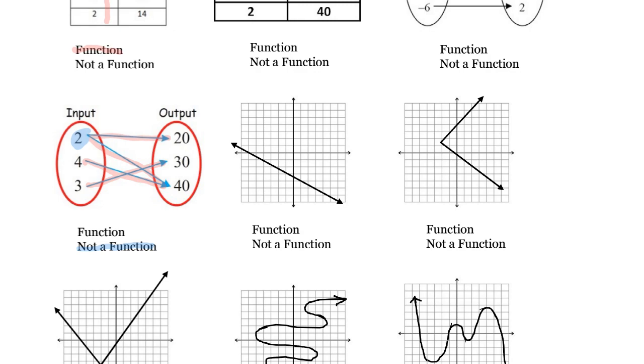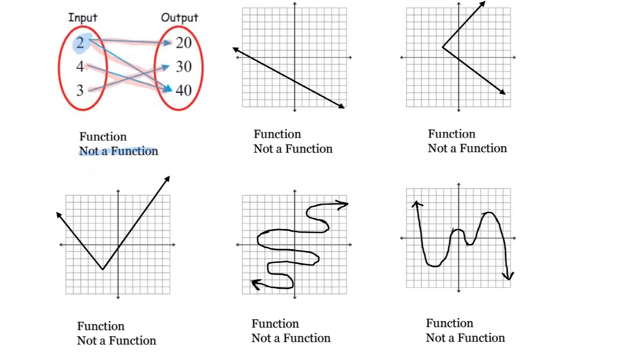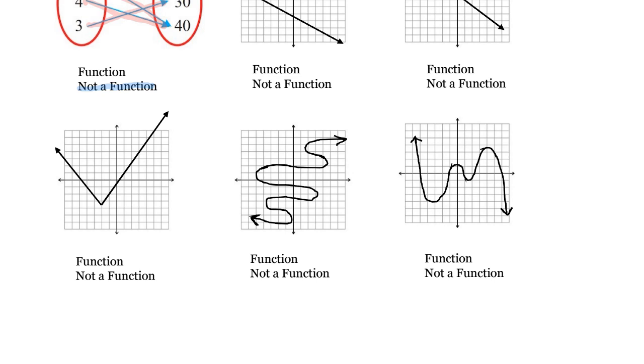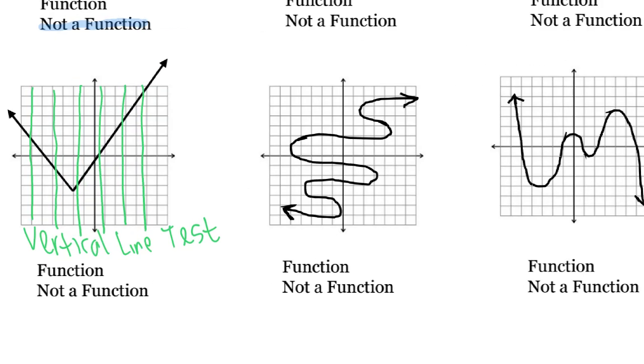Okay? The next type is looking at it on a graph. So we do what's called the vertical line test. And what that means is we just draw a line straight down the graphs. If it crosses the vertical line test more than once, not a function. So let me zoom in a little bit here and write that in.